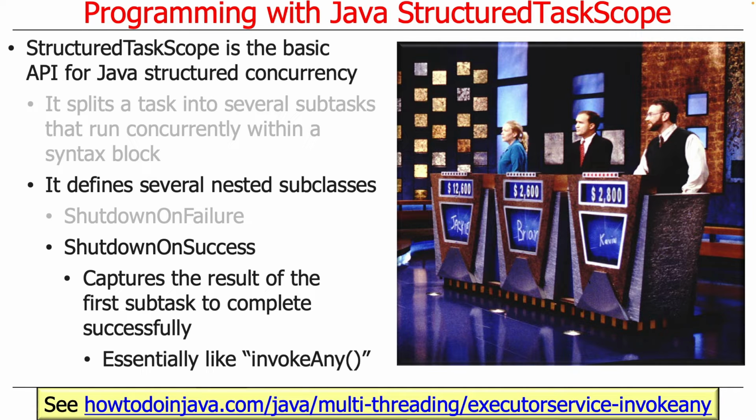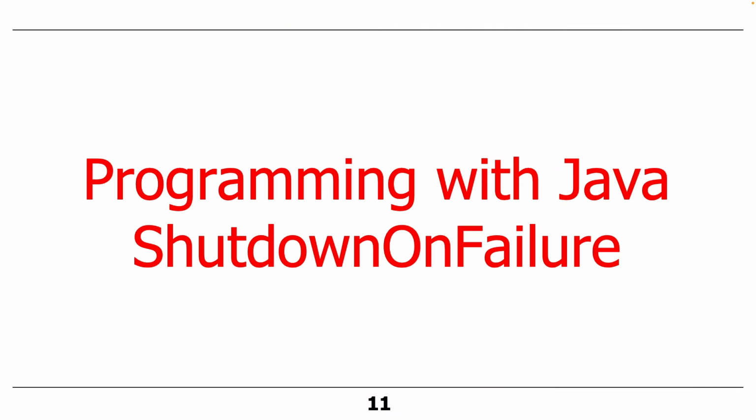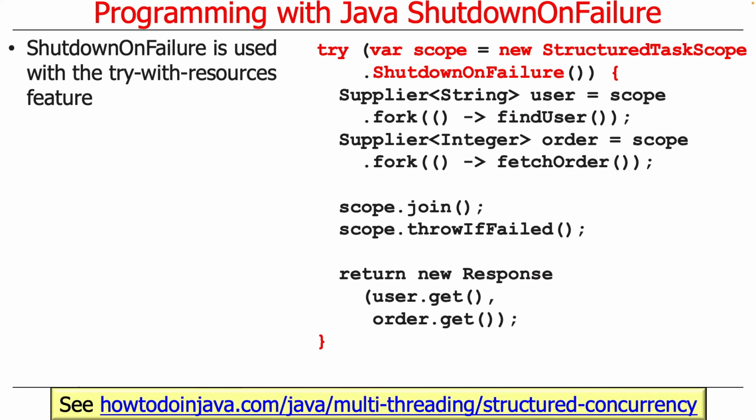For those of you who've ever watched the game show Jeopardy, that's basically an invoke-any model where a question is asked, the contestants will hit the buzzer, and whoever hits it first and gets the right answer wins the round. So no matter whether the other people knew the answer or not, doesn't matter. It's whoever hits the buzzer first. So that's called invoke-any. All right, so let's talk about how you program with ShutdownOnFailure.